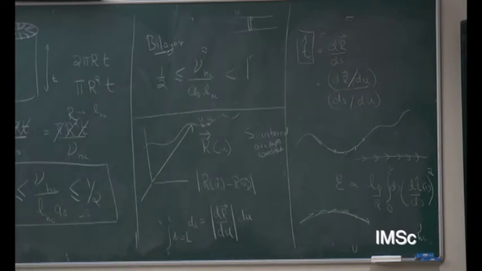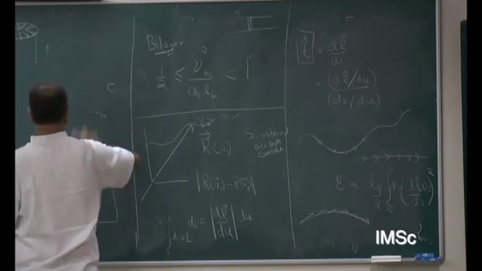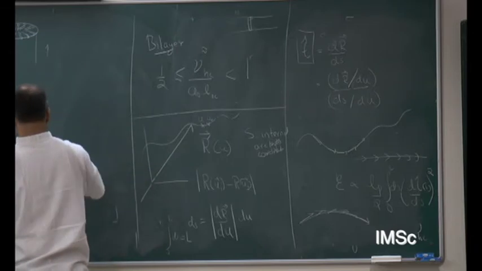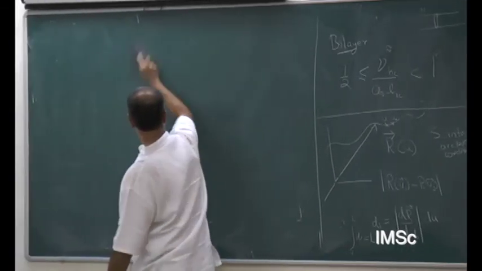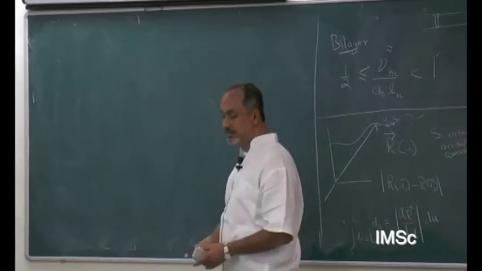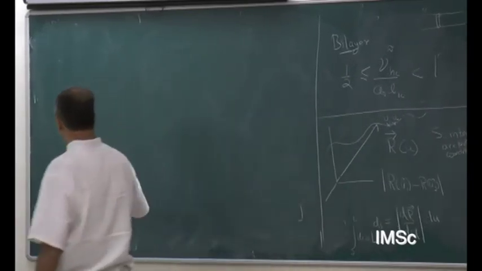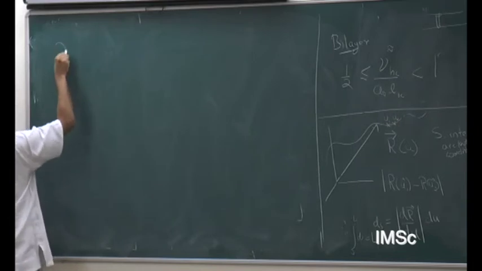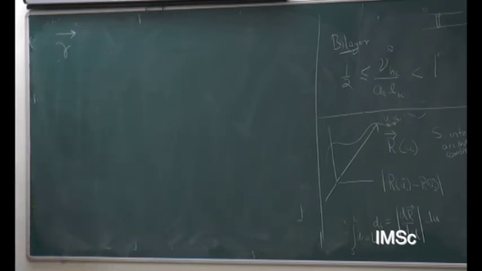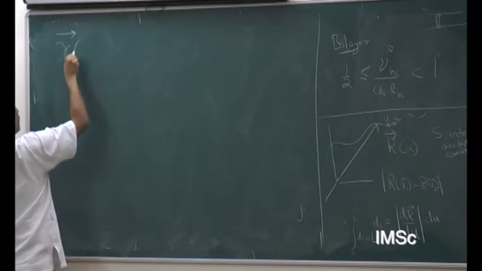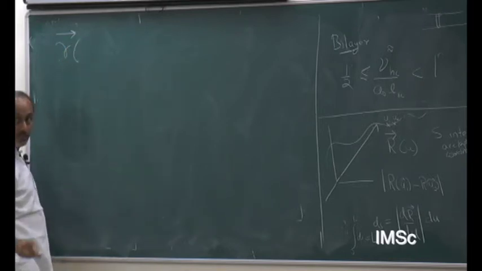Okay. Now we want to think a little bit about how to describe membranes, because it's certainly a more complicated picture than just a simple one that I showed you here with a simple polymer. The difference between the membrane and the polymer is that now I have some coordinate that tells me where the membrane is, which is r, which is a function not of one quantity u, but of two quantities.